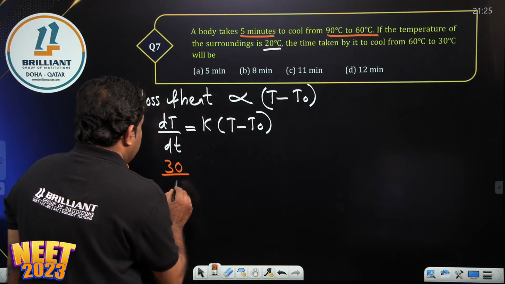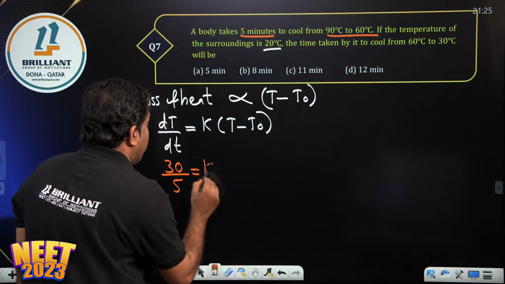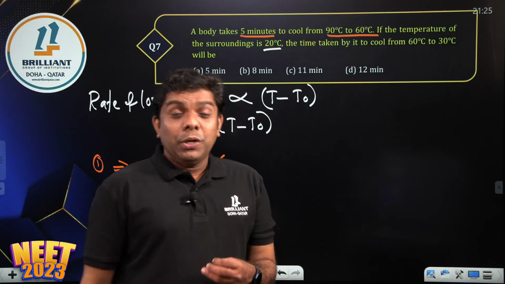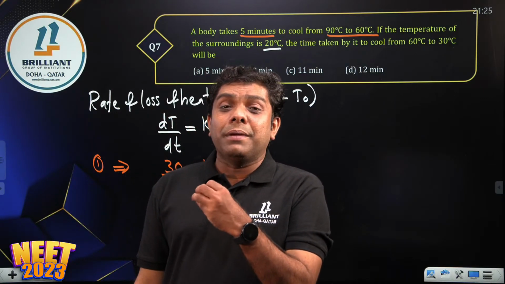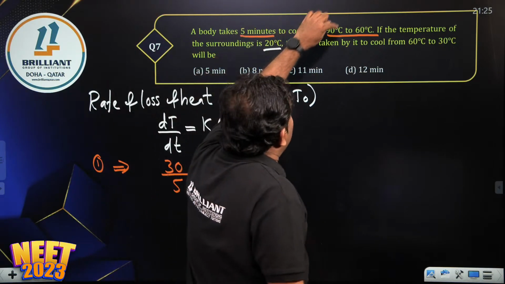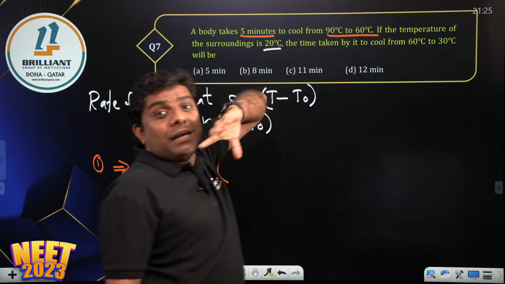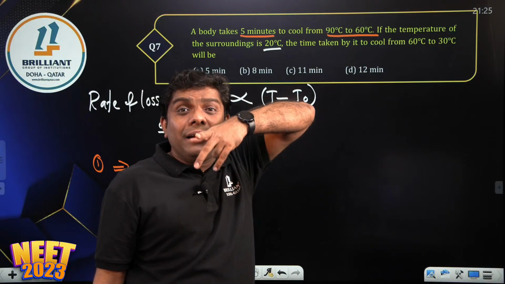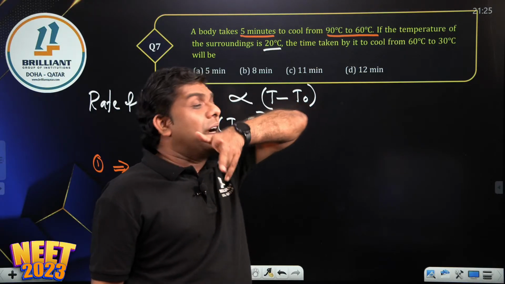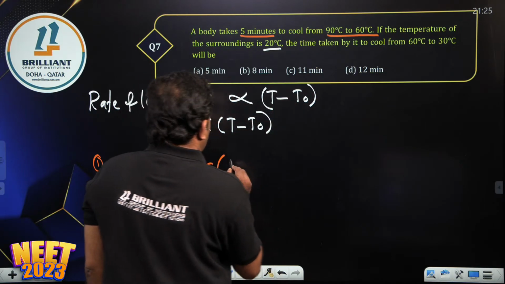So the data given, 30 by 5 is equal to k into temperature of the body. Temperature of the body means the average temperature. So we have 90 here, 60 here. What is the average temperature? 90 plus 60 divided by 2. So 150 divided by 2, that is equal to 75.